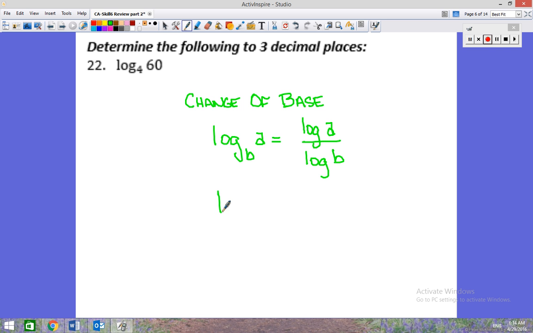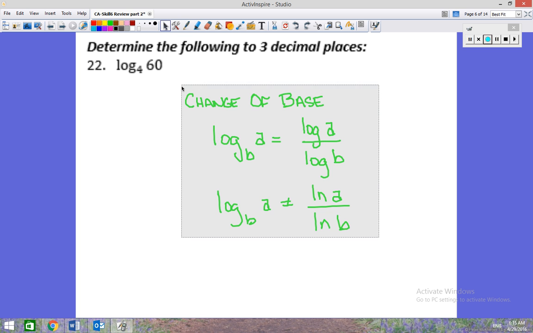Now, if you had a preference, you could use the natural log button as well. So this ratio is the same thing as the natural log of a divided by the natural log of b. Alright. So this number 22 is just an application of using this change of base.